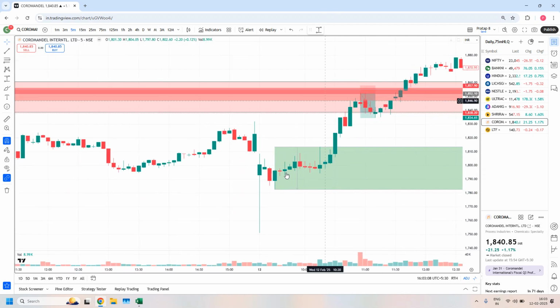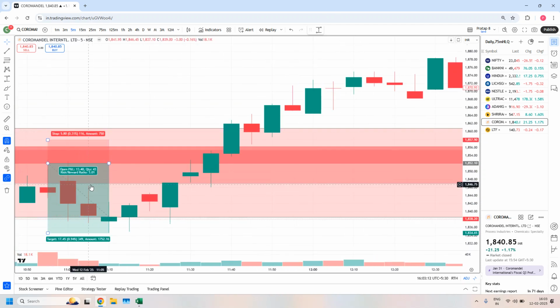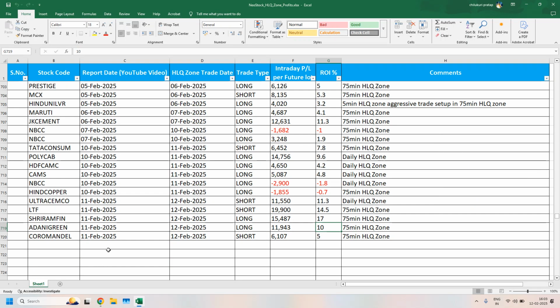But 1:3 RR is achieved. See here, it has given 1:3 RR from this zone, including some stop buffer and the target up to this area. And with 1:3 RR, how much profit has it given? Coromandel has given 6,107 and it gave 5% ROI.